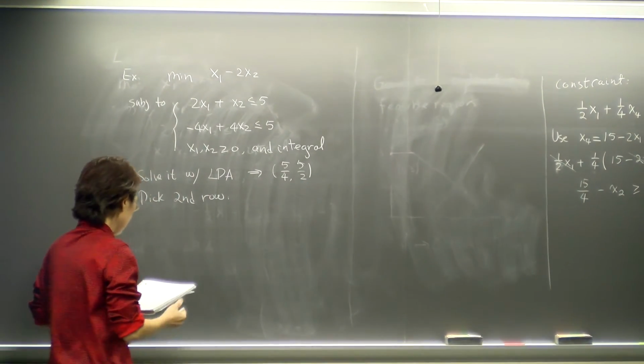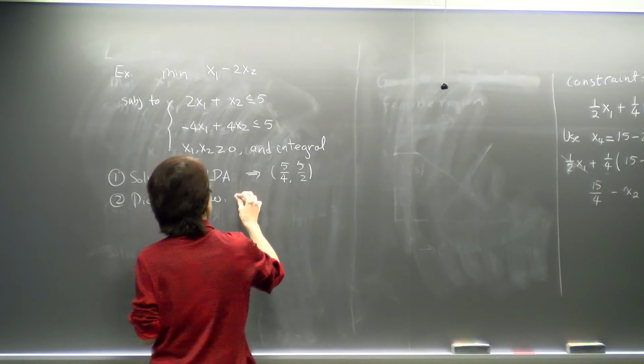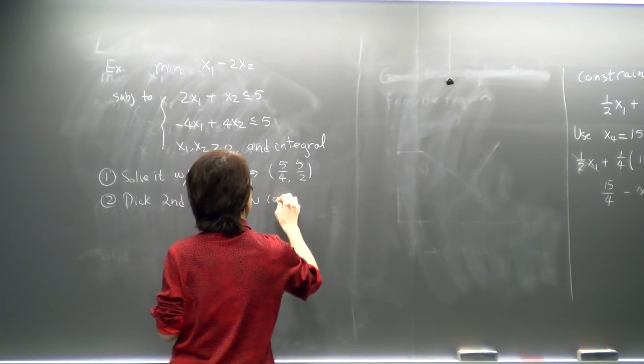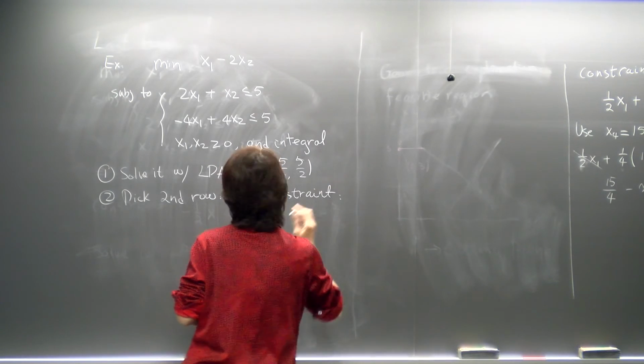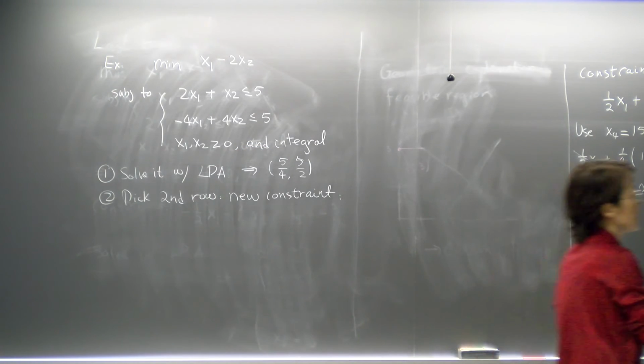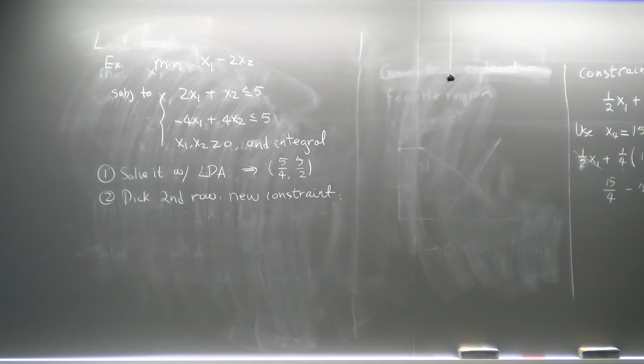Okay, and you need to add a new constraint. So you can write out the new constraint right away following that formula we put there. So let me make the table a bit lower so I can point at what I will be picking. Okay.